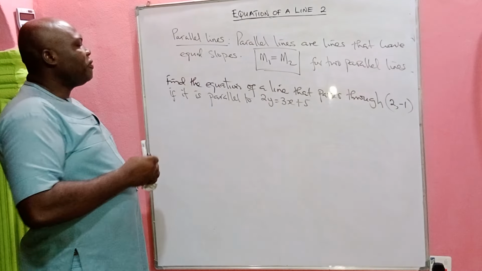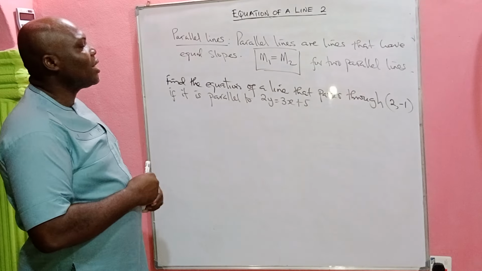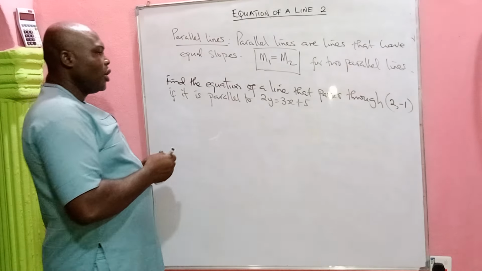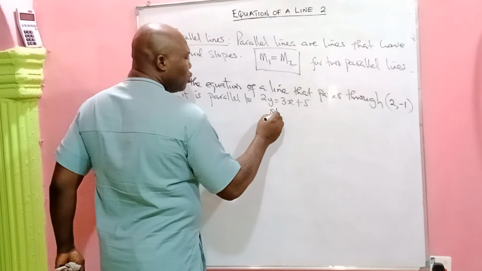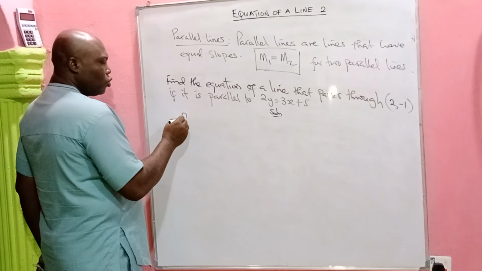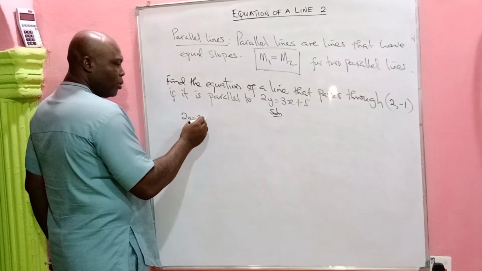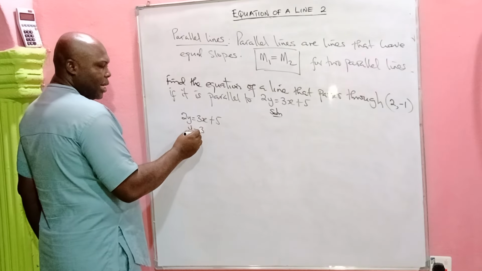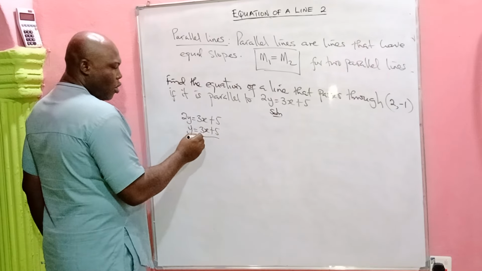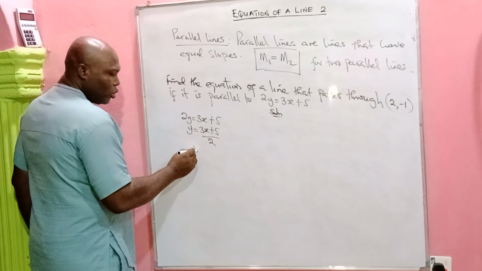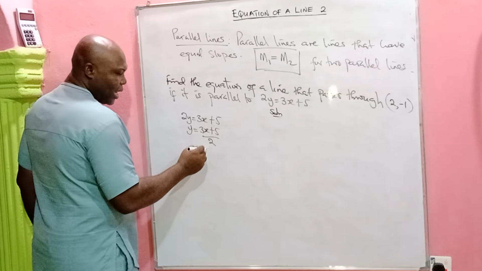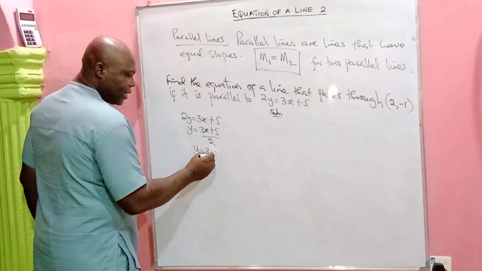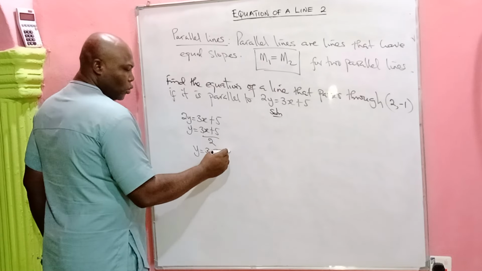All right, so we want to find the equation of a line that passes through that point and is parallel to this. So the first thing you need to do is to make y the subject of the formula from 2y is equal to 3x plus 5. Y will be 3x plus 5 all divided by 2. So your y will be 3 over 2 of x plus 5 over 2.